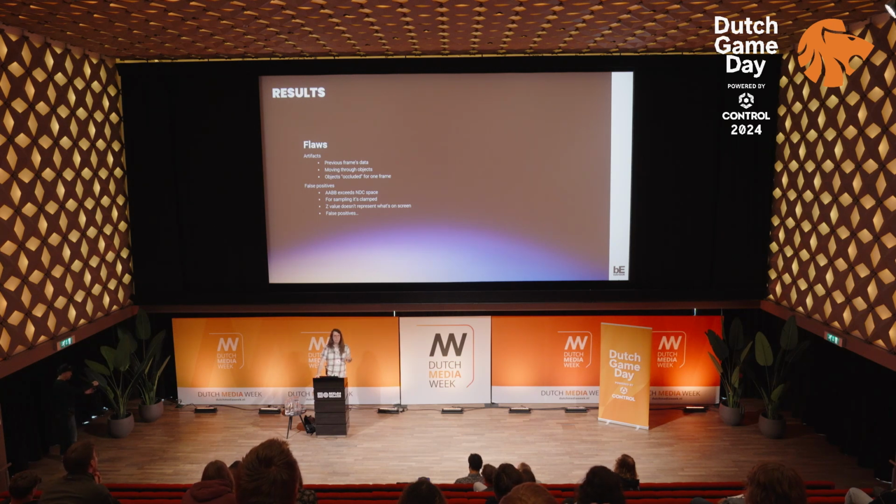Other than that, the occlusion culling approach can also result in false positives, particularly with large ABBs. When a large ABB exceeds our NDC space, the best thing we can do is clamp it to our 0 to 1 space and sample our depth buffer. But that might not always be representative of what's actually seen on screen.